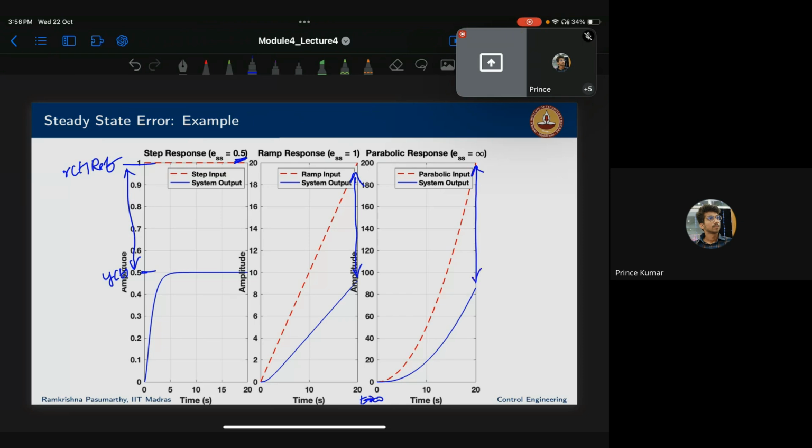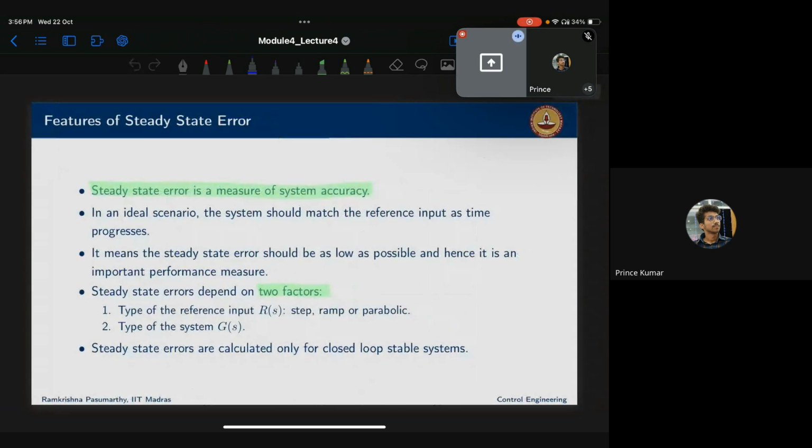So the steady state error measures the system accuracy. At time tending to infinity, what is the gap between your actual output and the desired output? Actual output is Y of t, desired output is R of t.